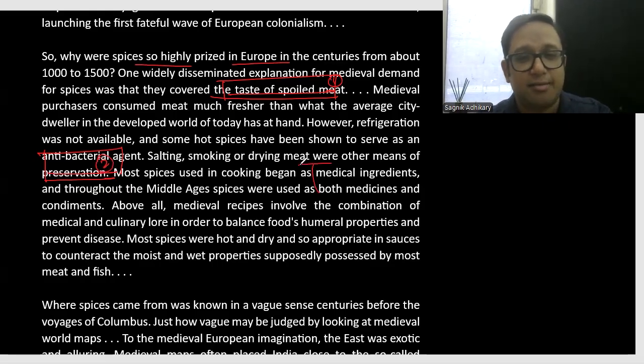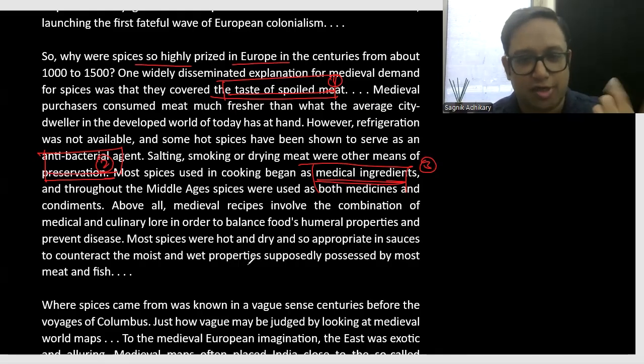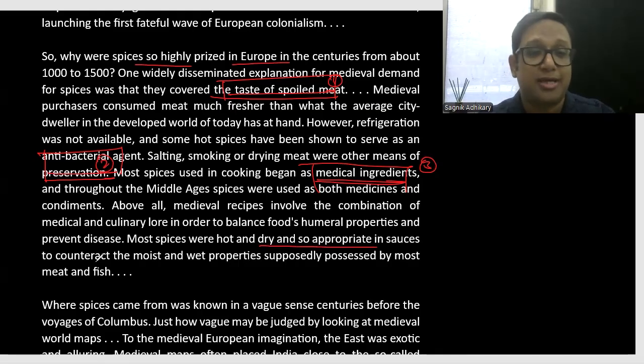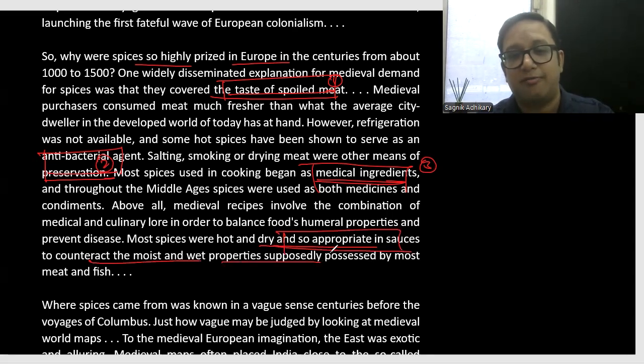The third reason is the medical application of spices. And the fourth reason is that it fitted the culinary preferences of the time better. So most spices were hot and dry and so appropriate in sauces to counteract the moist and wet properties. So appropriate for sauces. This is reason number 4.